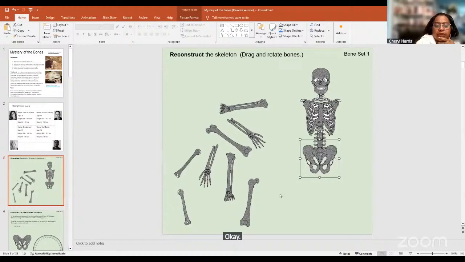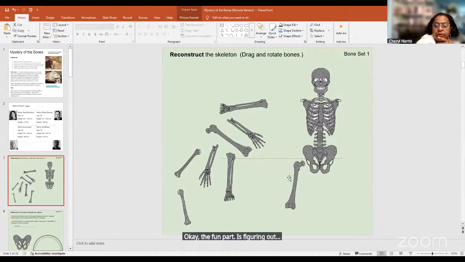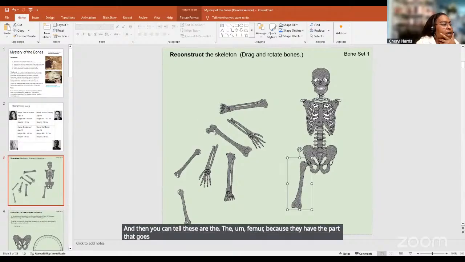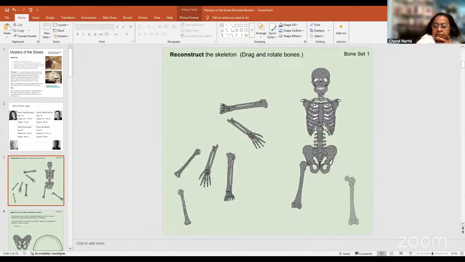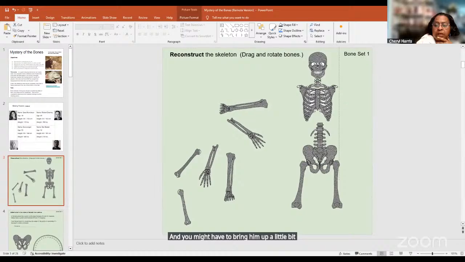The fun part is figuring out where these bones go. You can tell these are the femur because they have the part that goes into the hip socket. So that's how you know that. And again, you're going to have to rotate this one. And you might have to bring him up a little bit because we're running out of space.